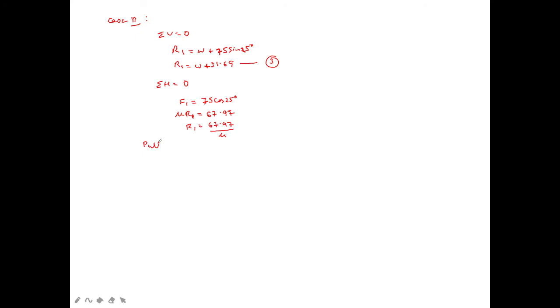So putting R1 in 3, we get 67.97 upon mu is equal to W plus 31.69.